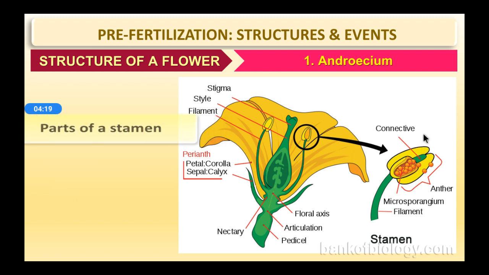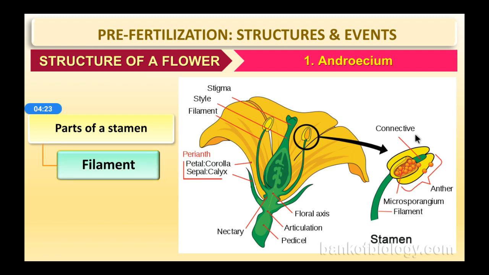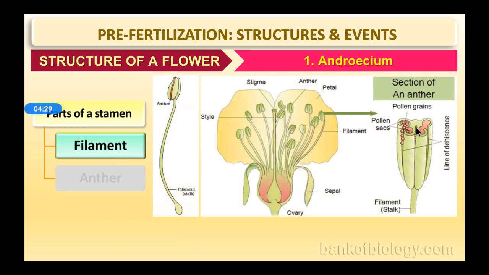So first we will discuss the parts of the stamen, that is the filament and anther. First we'll see the filament. Filament is the stalk that bears the anther.